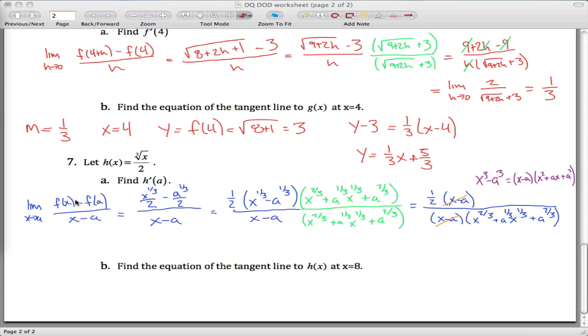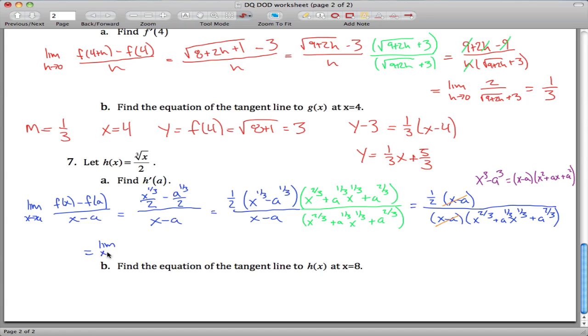And what we can say is that this is equal to the limit as x approaches a of 1 divided by 2 times x to the 2/3 plus x to the 1/3, a to the 1/3 plus a to the 2/3.